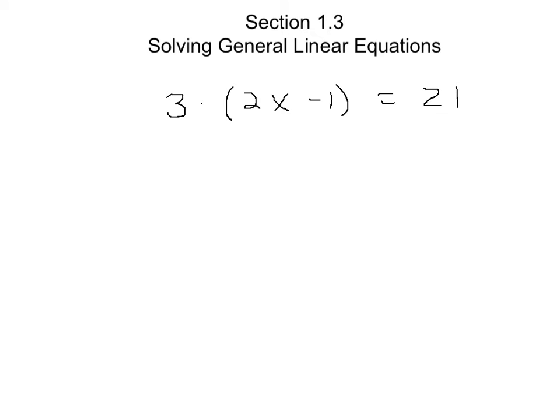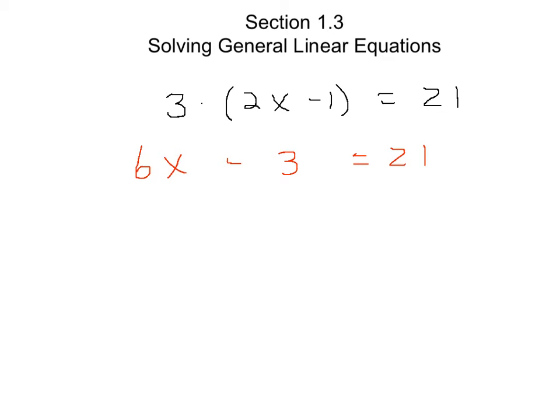So if we look at this problem, the first thing we've got to do is multiply out right here using our distributive property. And so when I multiply that out, I have 3 times 2x, which is 6x. 3 times minus 1 is minus 3, equals 21. And so now when we look at this, this is just like the kind of problem that we saw in the previous section.